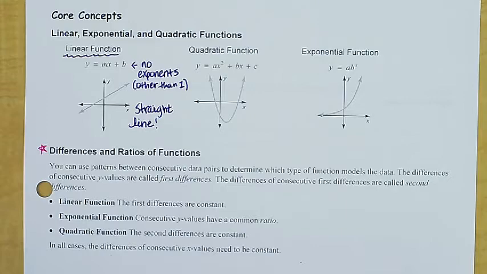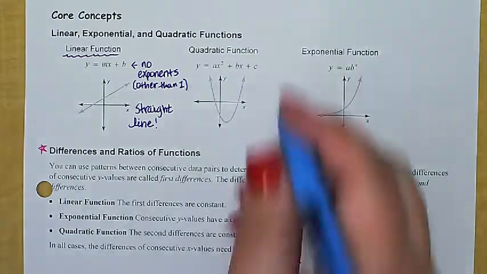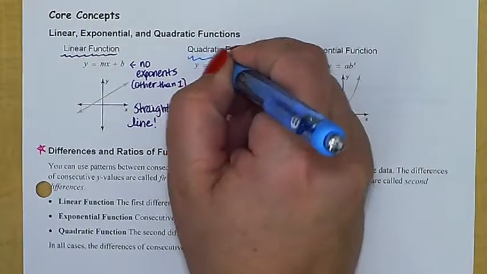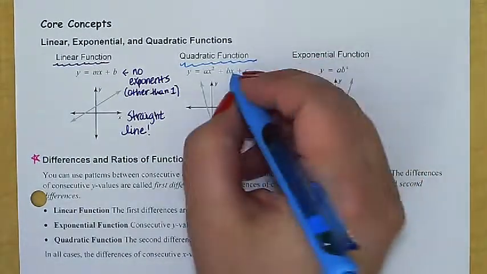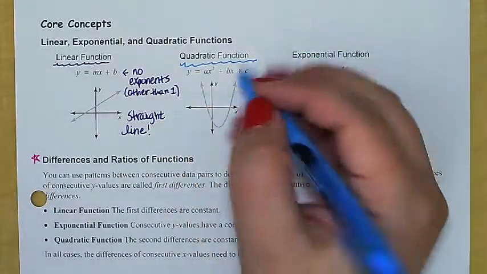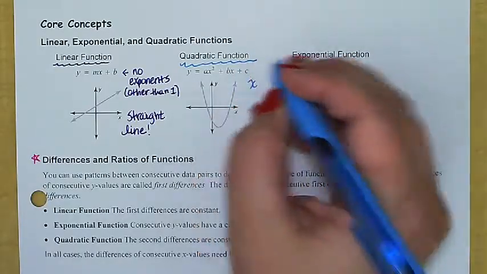Okay. Then we've got the quadratic. Of course, this is the one that we introduced recently in this Unit 8. For the quadratic function, when you're simplified and in standard form, x is always squared.